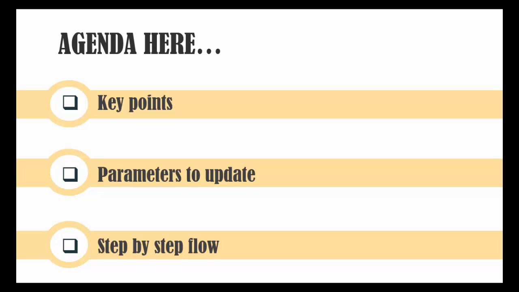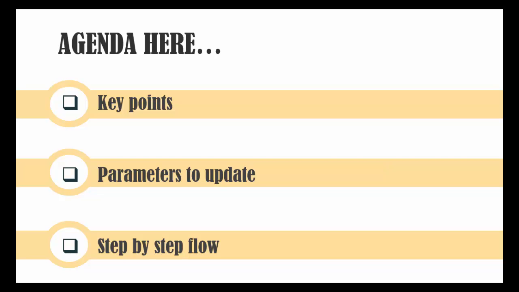The primary intention is the third step, which is the step-by-step flow. If you miss anything, you have to restart the process from scratch. So you have to follow and understand how the whole mechanism of RC design and the step-by-step flow works.